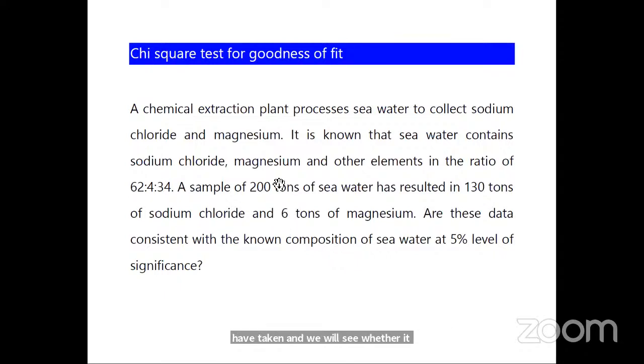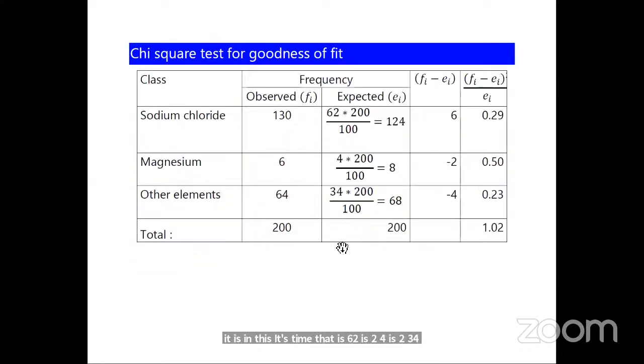Means the proportion of whatever sample we have is in this style, that is 62:4:34. Right? Now, here is how we compute it. Observed and expected frequencies. For sodium chloride, what is observed is that from 200 tons, 130 tons was found to be sodium chloride.